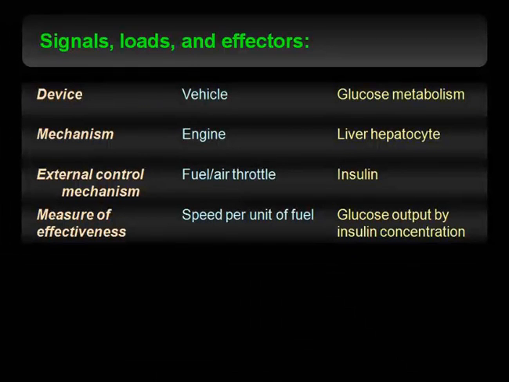And glucose output, measured by insulin concentration, is what we would mean by insulin sensitivity, or negatively insulin resistance. But note that if the liver hepatocyte isn't working, or the engine isn't working, this can appear abnormal, while actually the pathway of response can be normal.